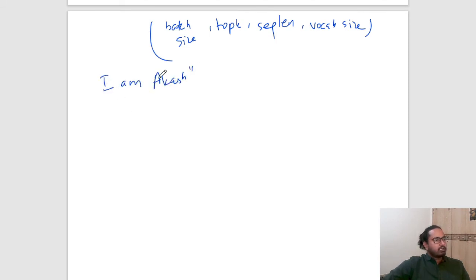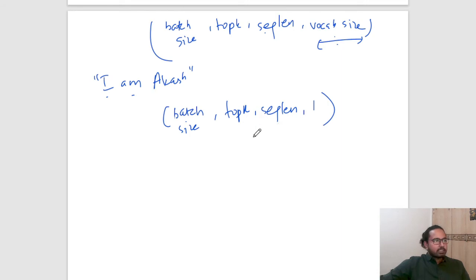So what that means is that in the sequence length, for position 0, we'll get the probability of the token I from the vocab, and for the sequence position 2, we'll get the probability of the token am in this entire vocab. And when we do gather for all of these values, we get a tensor of shape batch size, comma top k, comma sequence length, comma 1.